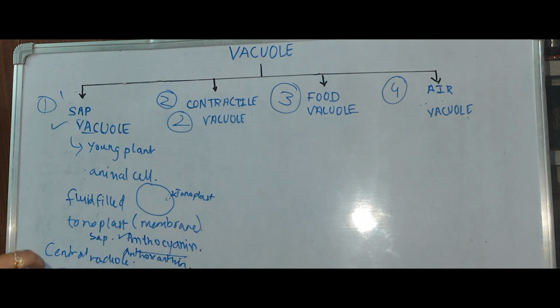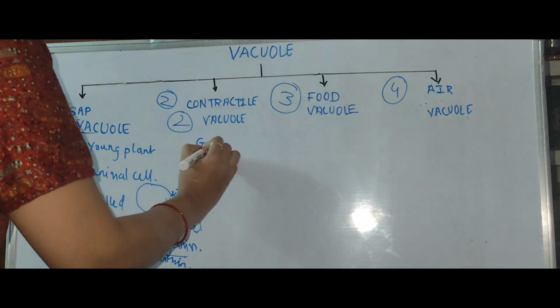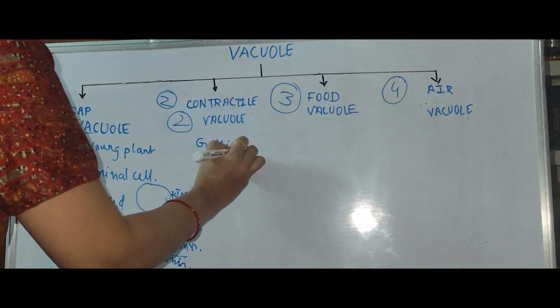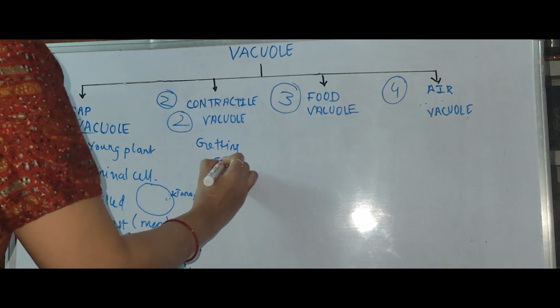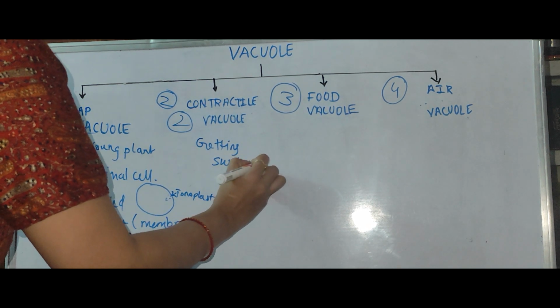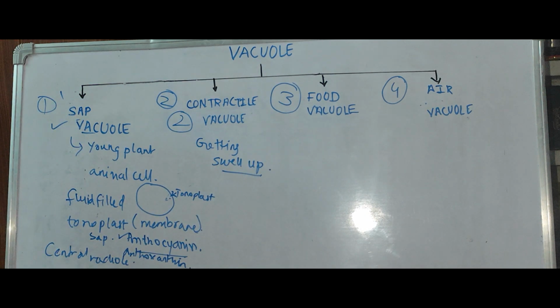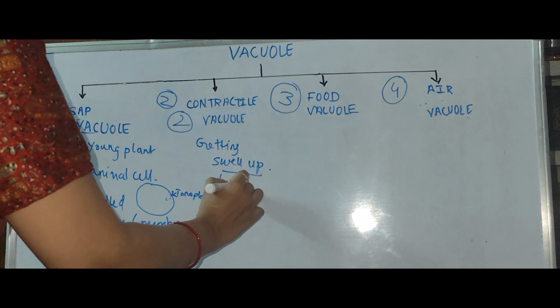Now this contractile vacuole is generally found in protist cells, or you can say protista or protozoa, and this contractile vacuole will help in swelling up with the water and expelling the excessive water outside. It will help in osmoregulation.